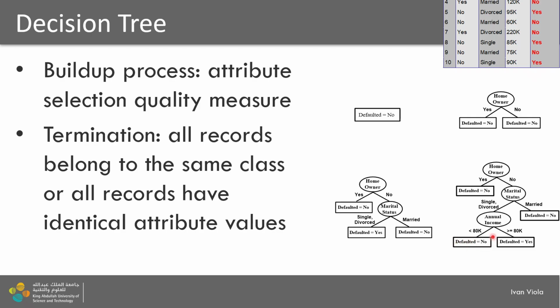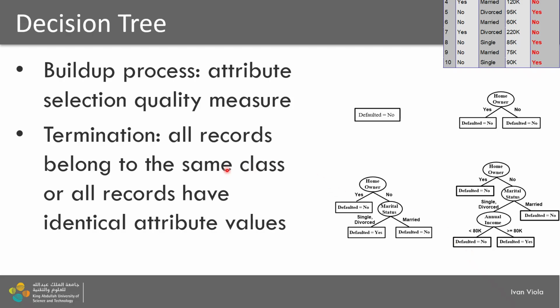We can see now we obtain a pure class of no defaulters under 80K, and above 80K only defaulters. So in this case, all our nodes have a pure class membership from the training records. And at this point, we stop growing our decision tree.